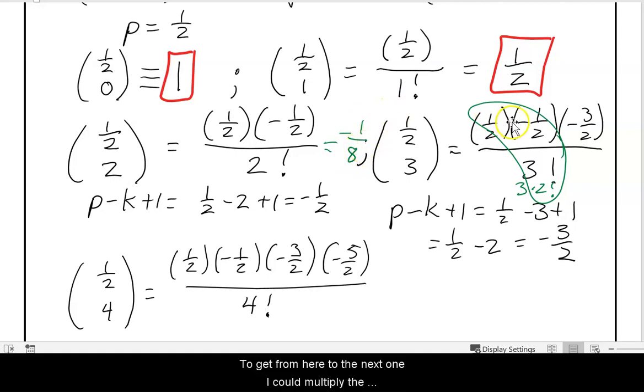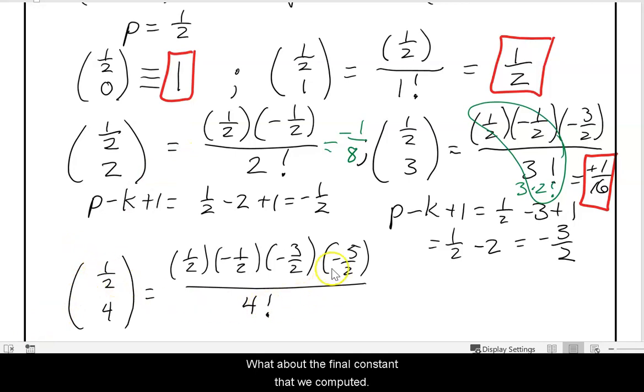To get from here to the next one, I could multiply the -1/8 by -3/2 and divide by 3. The 3's would cancel, and -1/2 times -1/8 should give me a positive 1/16. Let's ring that in red so that we can find it later when we need to work on it.